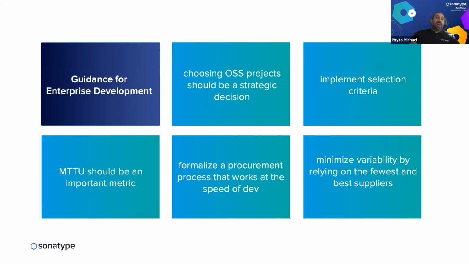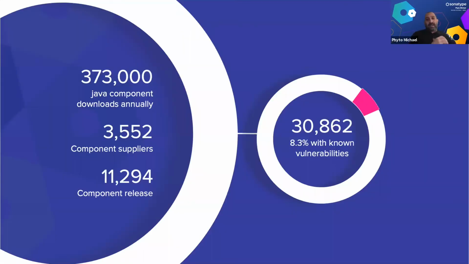But if we look at Java as an example, Java components are downloaded. Obviously, we manage Maven Central. We are the custodians of Maven Central. So we look at the downloads and what goes on through Maven Central. We look at the Java component is downloaded on average 373,000 times annually.